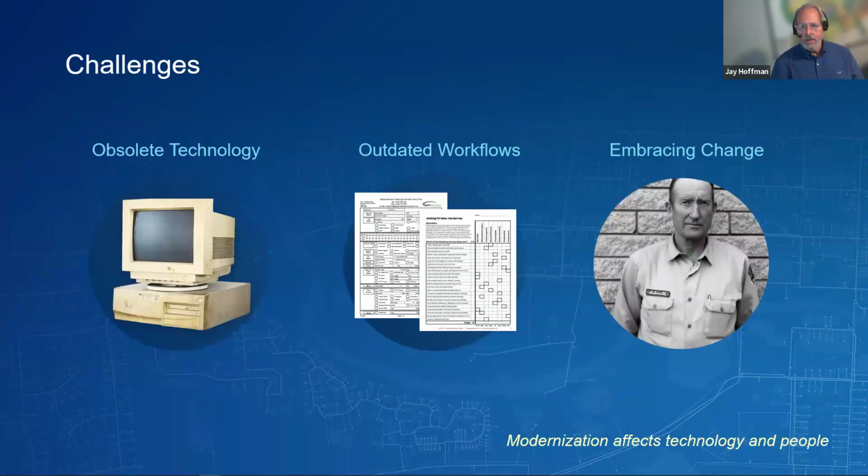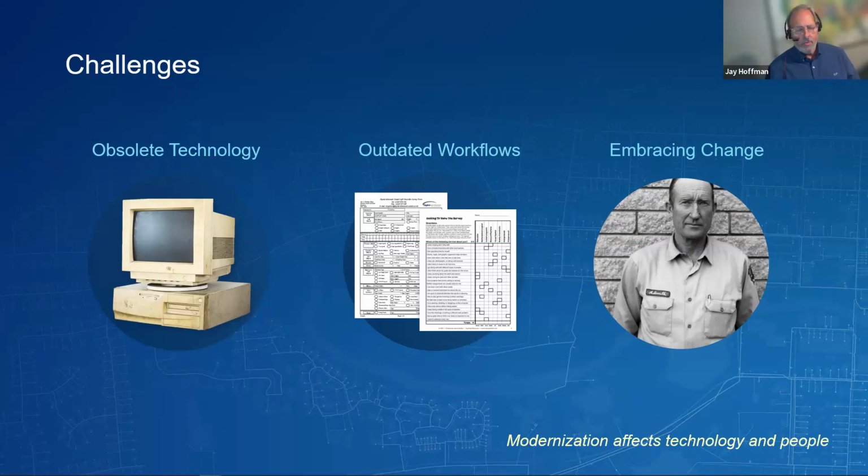So as utilities, we all have challenges. A few of the challenges that we all face are obsolete technology, end-of-life servers, desktops needing to be upgraded, software needing to be upgraded, things of that nature. Second one is outdated workflows.